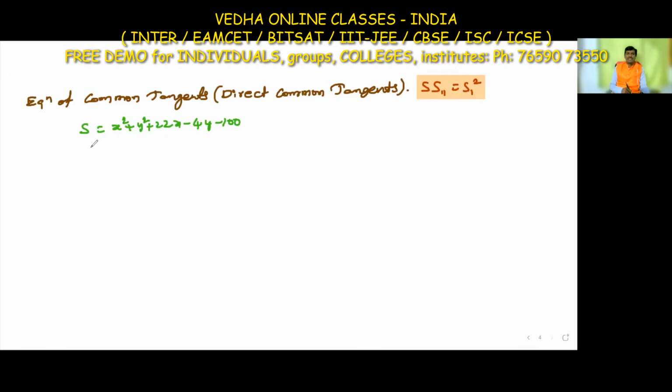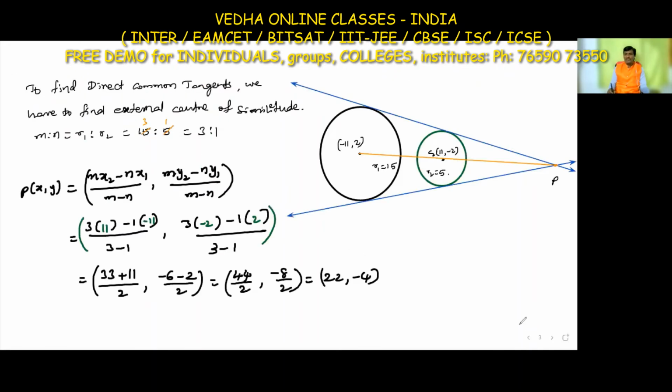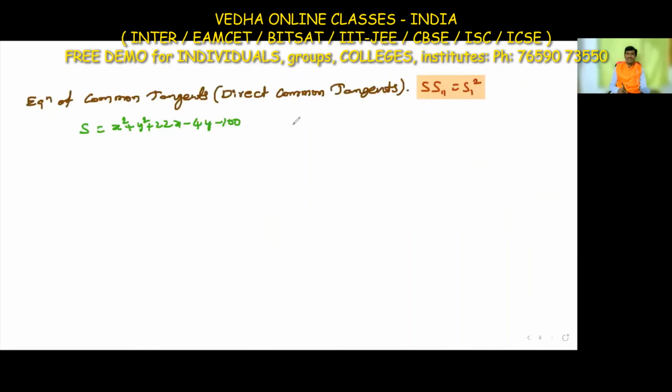What is S double one here? We just now got the point, right? 22 comma minus 4 is the point P, the external center of similitude. So we consider these values as x1, y1.